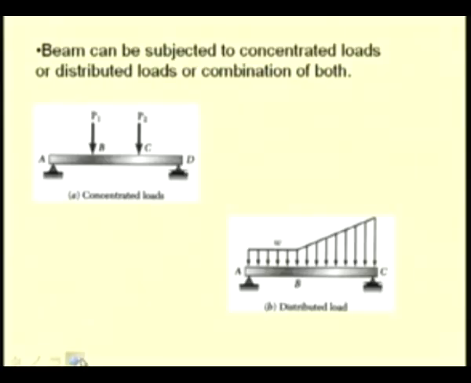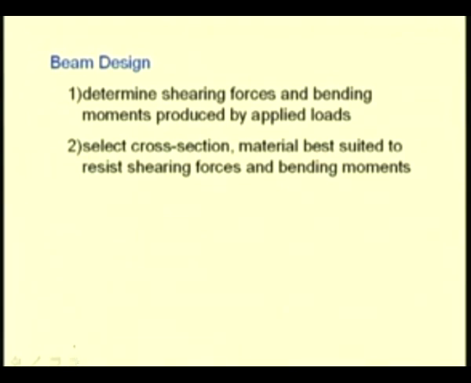So, the problem of beam design can be stated as follows: first we are interested in finding the internal forces that are caused because of the externally applied force. That is, we are interested to know the shearing forces and the bending moments.